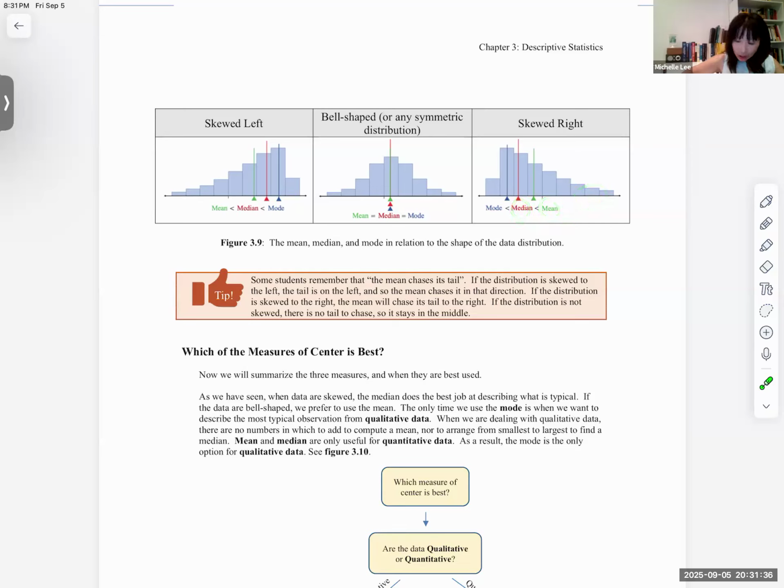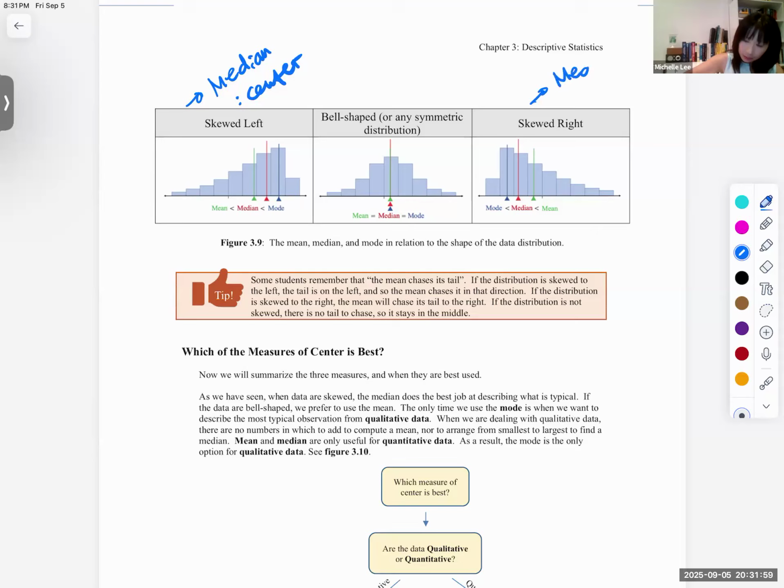Okay, so we learned skewed left, skewed right. It's good to report the center as the median, right? Why? Because the median is resistant.